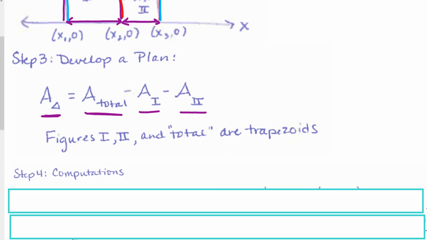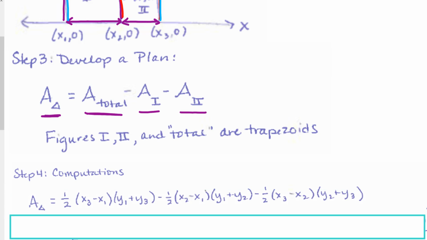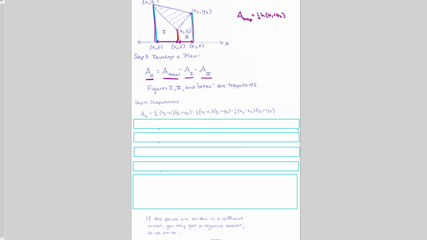the computations. All right, so I used the formula for the area of a trapezoid and found the area of the big trapezoid minus the area of one of the small ones minus the area of the other small one. And you can pause if you want to look back at the figure and make sure that that makes sense.